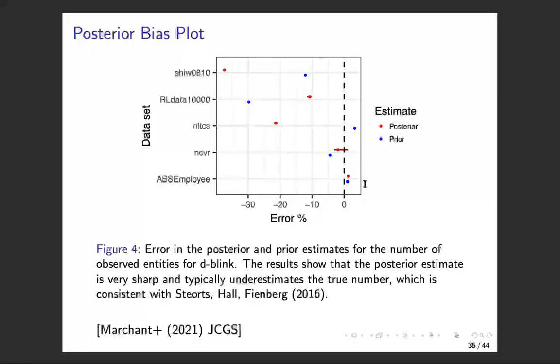Now, what we have here is the prior and the posterior, with a credible interval on here. What I can see is that for the ABS employee and the voter registration data sets, there isn't a lot of error in the updated posterior. And this intuitively makes sense because these have quite a lot of string or textual data in them.